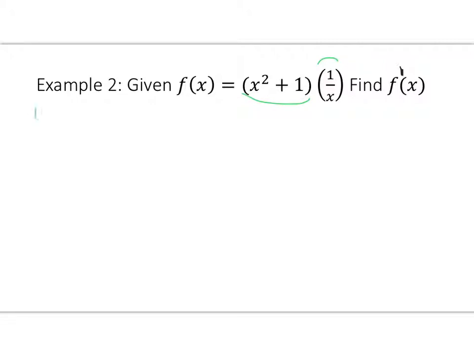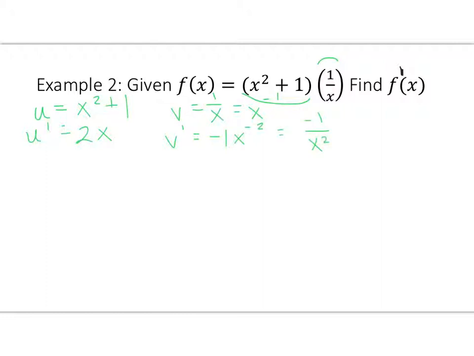So I'll call it u is x squared plus 1. So u prime is equal to 2x. V is equal to 1 over x. And remember, we rewrite that as x to the negative first. So v prime is equal to negative 1x to the negative second, which is negative 1 over x squared.